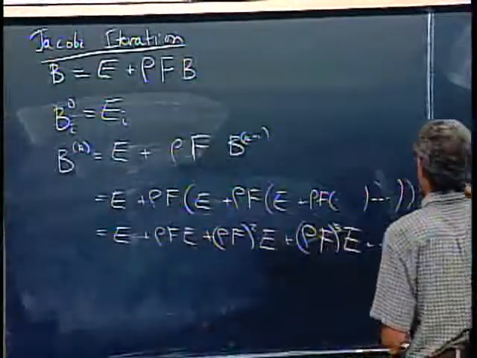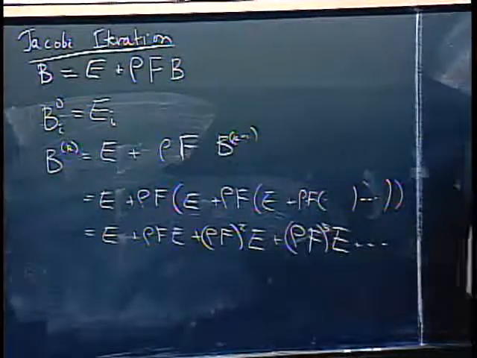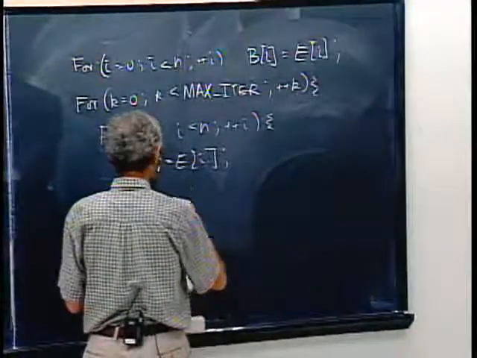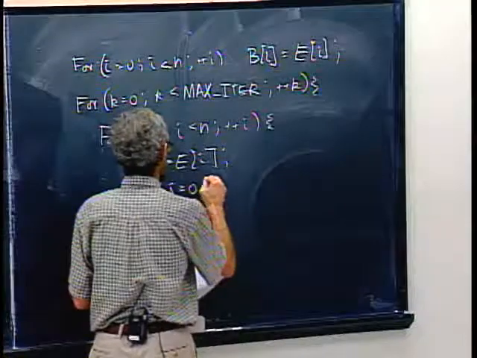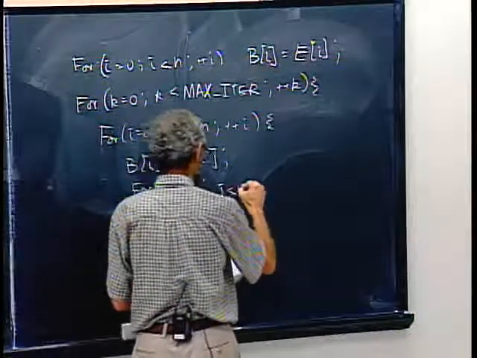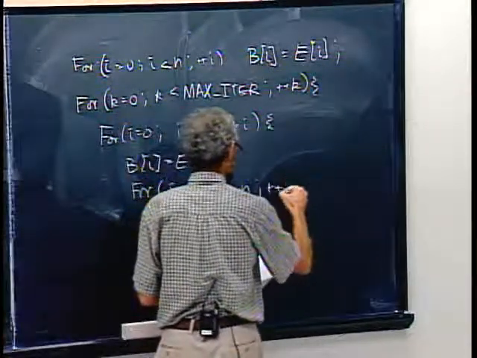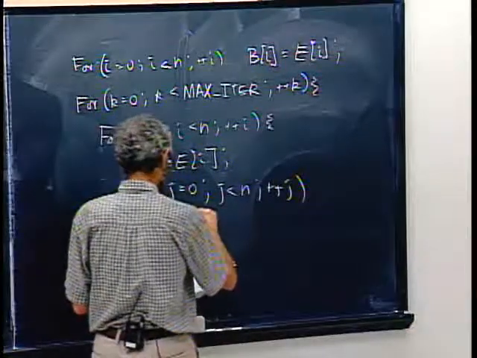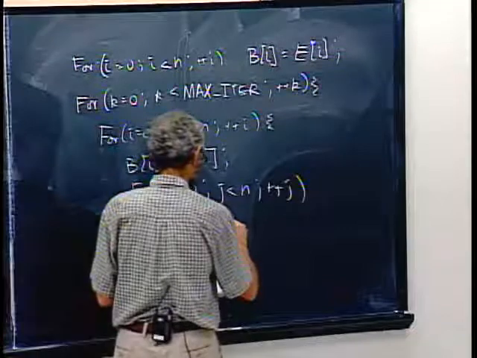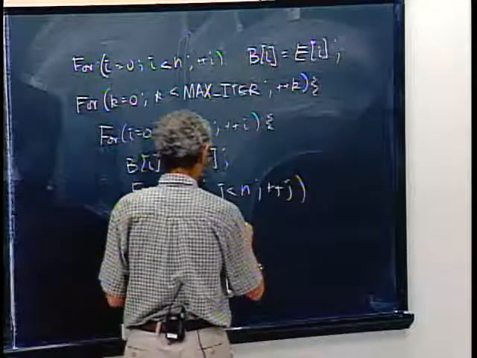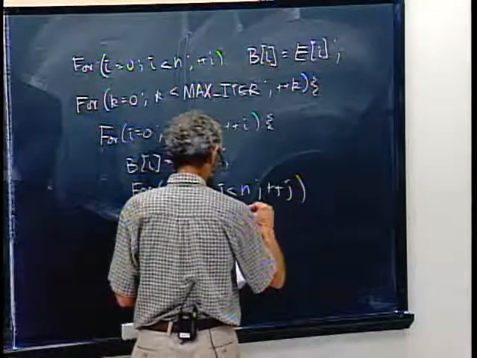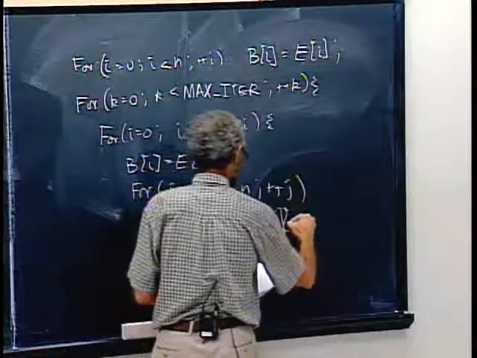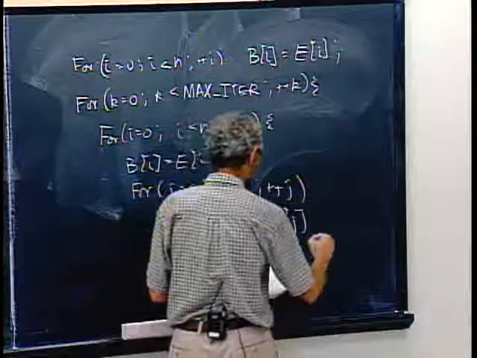And then I have to add on the multiplication. So that's for j equals 0, j less than n, j plus plus, B[i] plus equals rho[i] times f[i][j] times B[j].